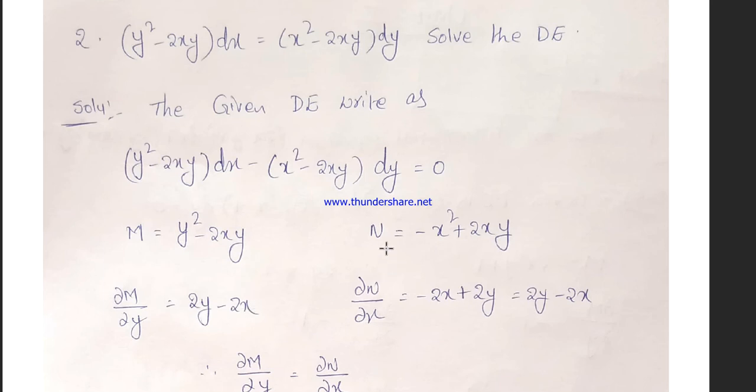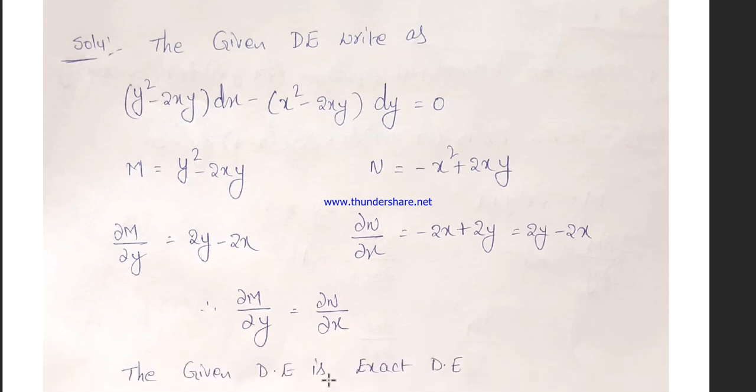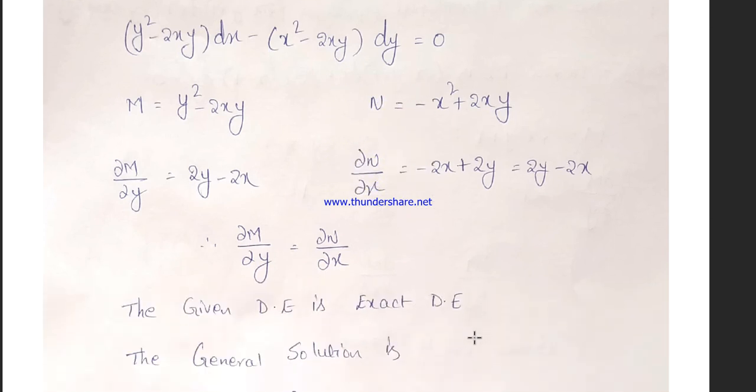Next, N is equal to minus x square plus 2xy, so dou N by dou x: x square derivative is 2x, minus 2x, plus 2xy derivative is 2y, because 2y is constant and the x derivative is 1. So we get 2y minus 2x. Both the terms are the same. So dou M by dou y equal to dou N by dou x, so the given differential equation is an exact differential equation.